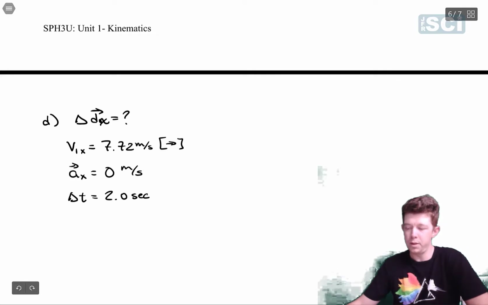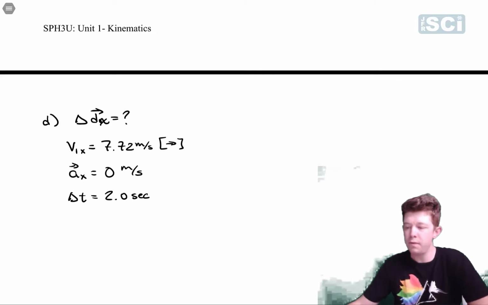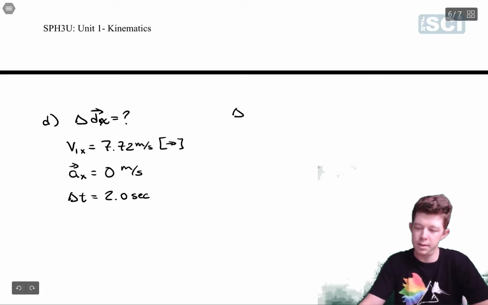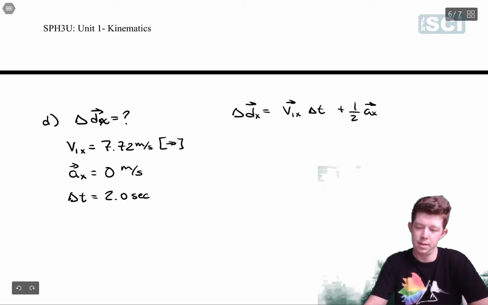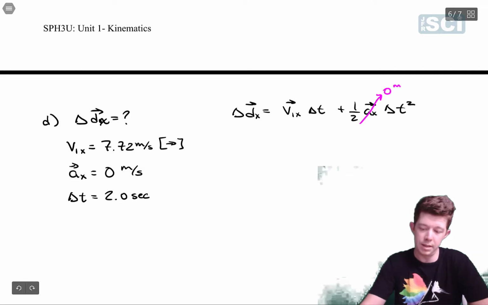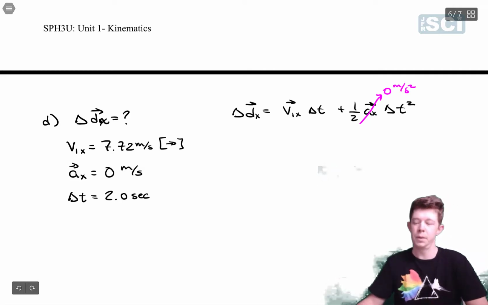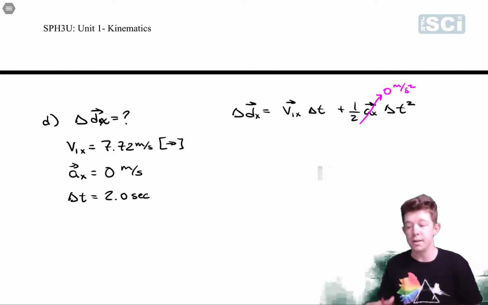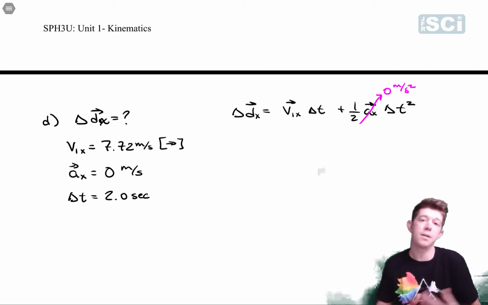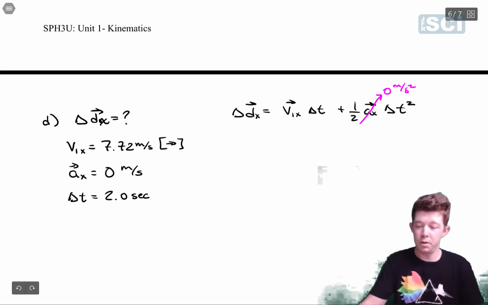So let's go ahead and use, again, the same type of equation we did for the vertical, but for horizontal. So delta dx is going to be v1x times delta t plus 1/2 ax delta t squared. Now this term here goes to 0 because I have 0 meters a second squared. So realistically, it just falls down to the displacement is equal to velocity times time, something that we are familiar with.